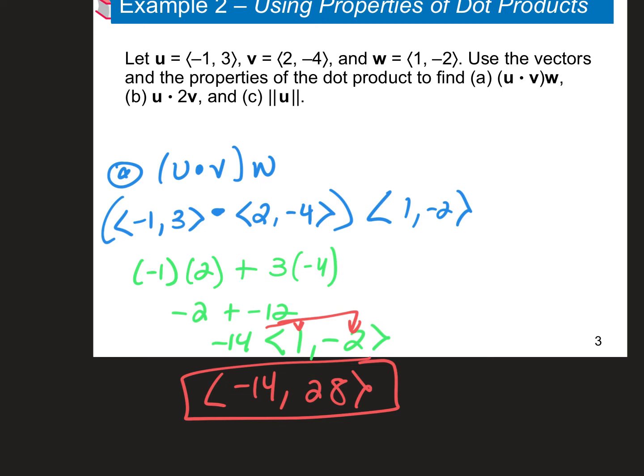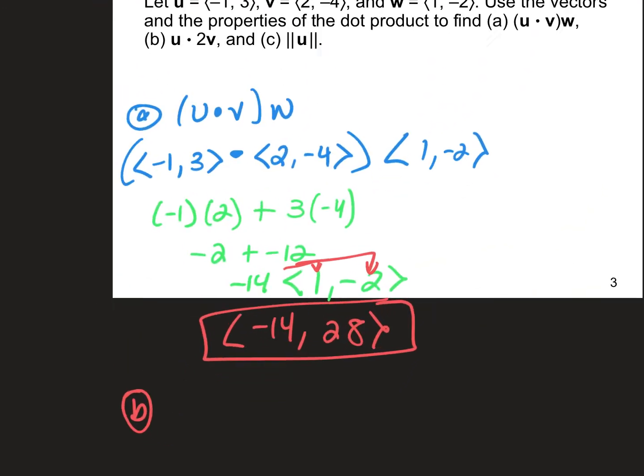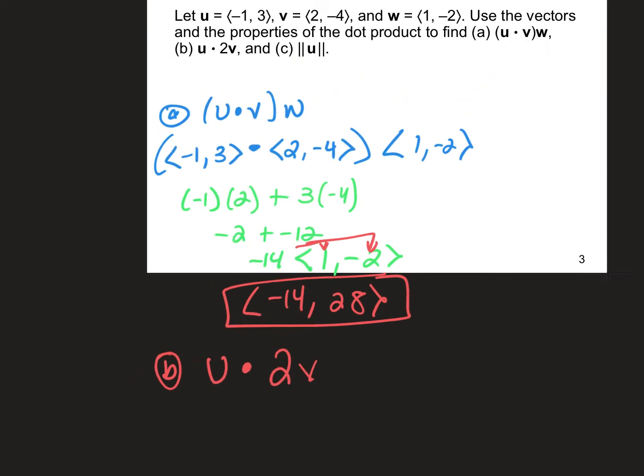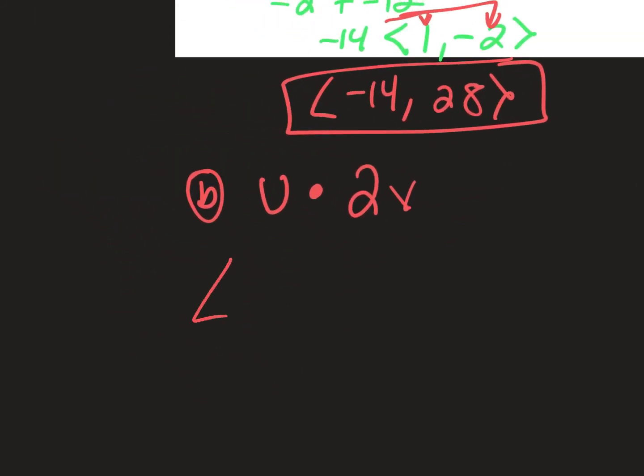Okay, what does B say to do? What is B? U dot the product of 2 times V. So what am I doing here? We're going to multiply 2 times vector V, then find the dot product. So U is -1, 3.